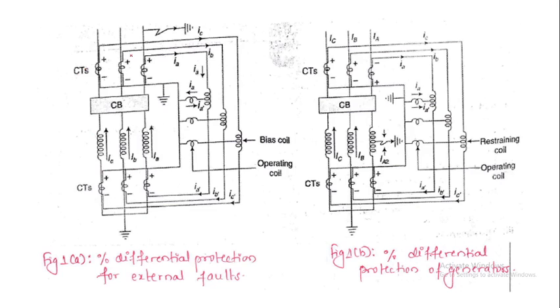For the normal operating condition, the polarity of the CT as well as the direction of current flow is shown. Here a fault has been shown outside the protected zone. This is the winding we need to protect. The fault is external, or we can have it as under normal operating condition also. One thing we need to concentrate on is that the polarities of the CTs as well as the current direction need to be observed carefully.